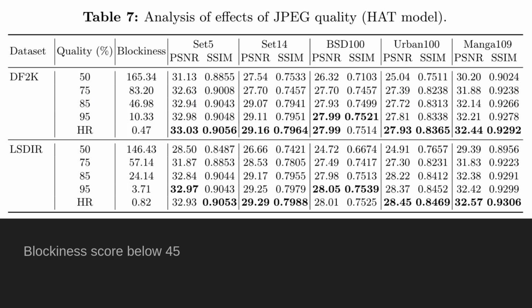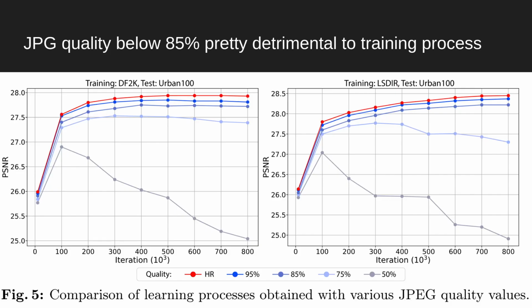Oh yes, I have the graphs. So you can see here, they add JPEG compression and then trained models. And here you can see that at 75% JPEG quality, the added compression was pretty detrimental for model training. You can see the longer it trains, the worse it gets, which doesn't happen at 85%.